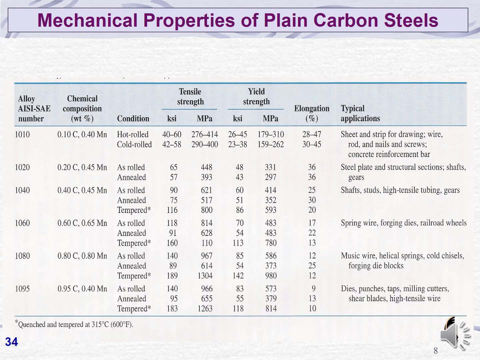Okay, this table is about the mechanical properties of plain carbon steel. Plain carbon steel means that it just consists of carbon and also a small percentage of manganese. This column is about the AISI number or designation. So this table is about plain carbon steel, as you can see here.